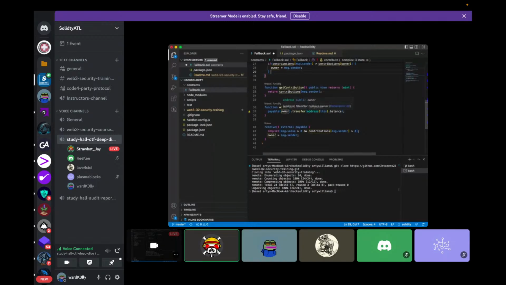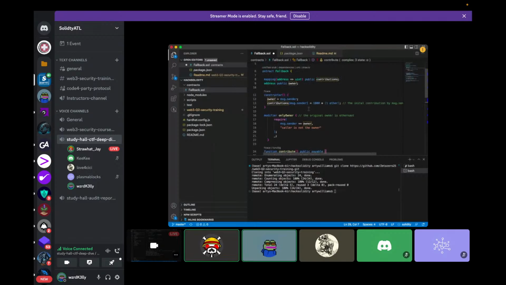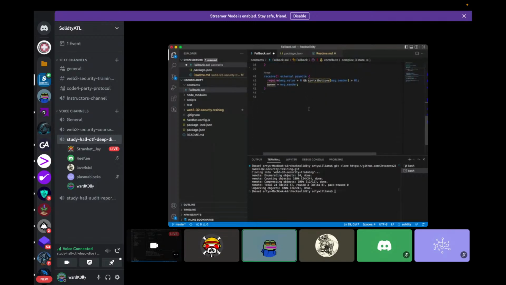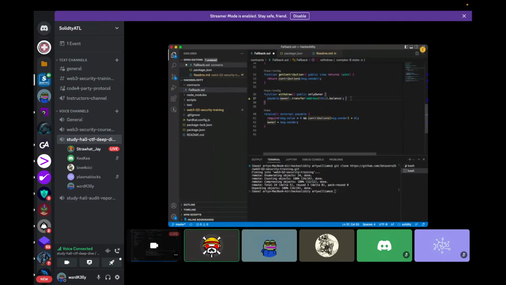It's only payable to the owner of the contract, and you're transferring the balance that is stored in the address of the contract. Yes, basically that's the balance that's stored in the contract. So what you're doing, and you're pretty much saying it, is sending the total balance that's in this contract to the owner.